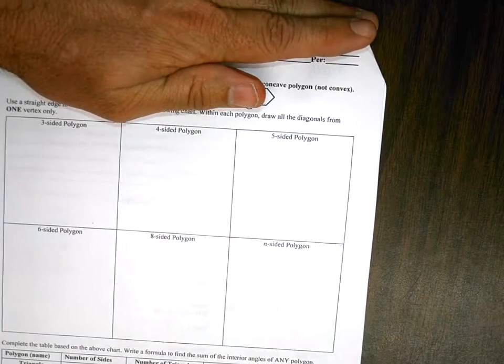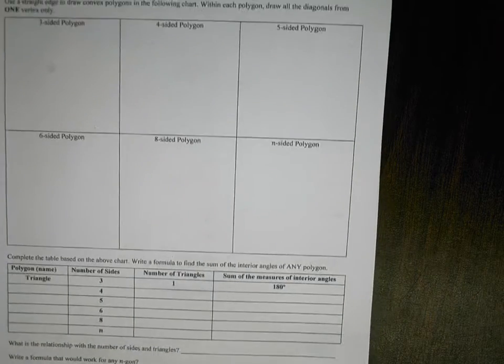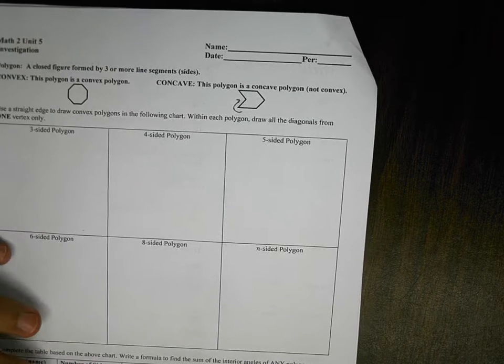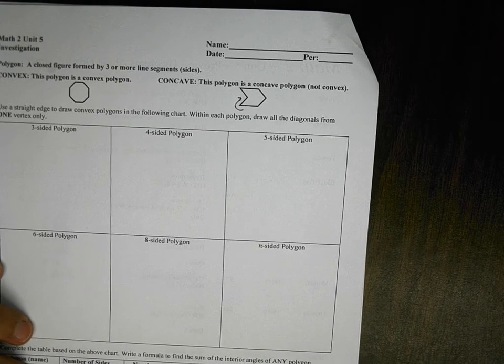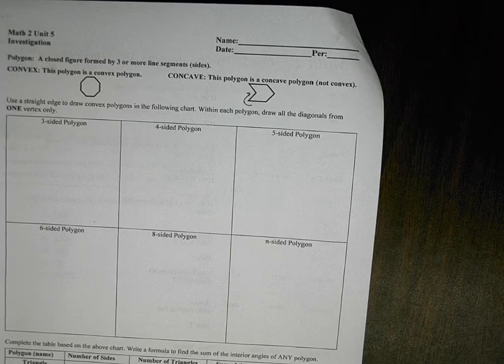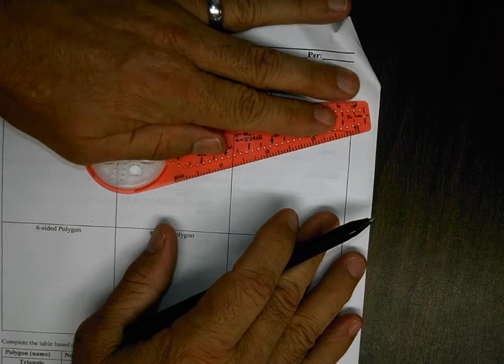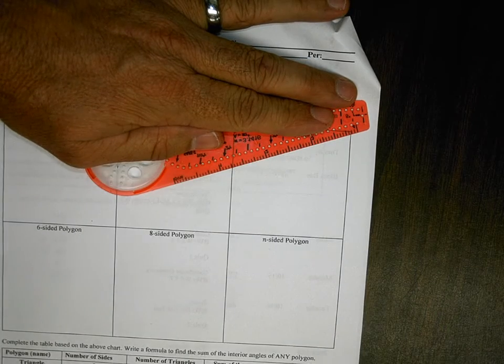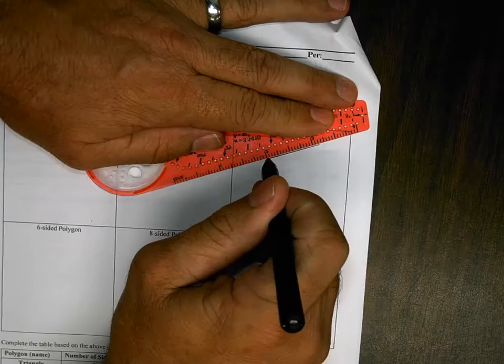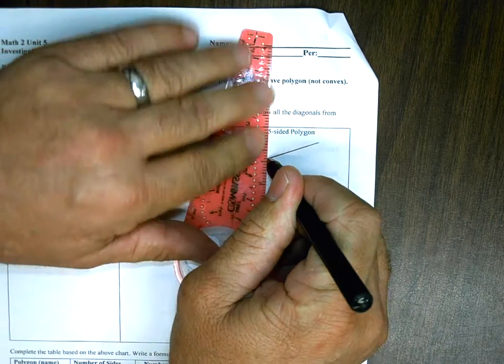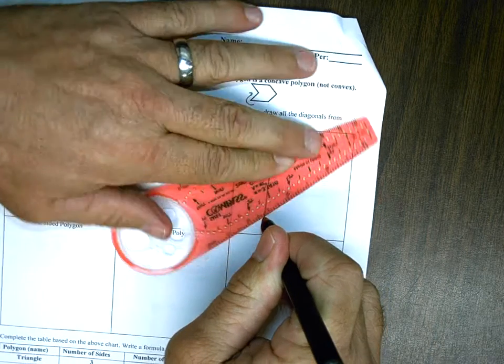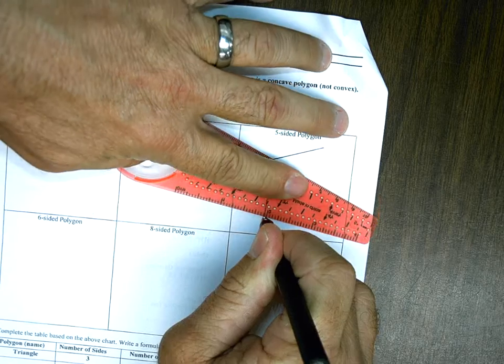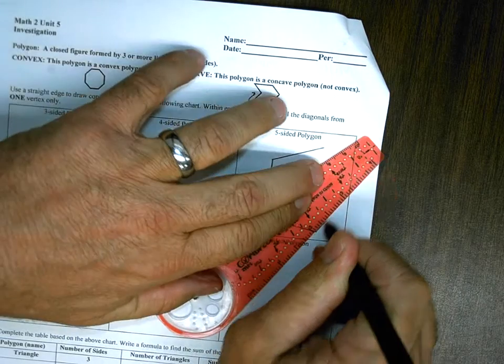All right, so here's what we're going to do. We're going to fill out this chart and this table. You guys are going to do this on your own. I'm going to give you about 10, 15 minutes to do it. I'm going to start with the 5-sided polygon known as, anybody? Pentagon. Now, it doesn't have to be perfect. It just needs 5 sides. So I want you to use a straight edge and just make any old pentagon you want. It doesn't have to be pretty.